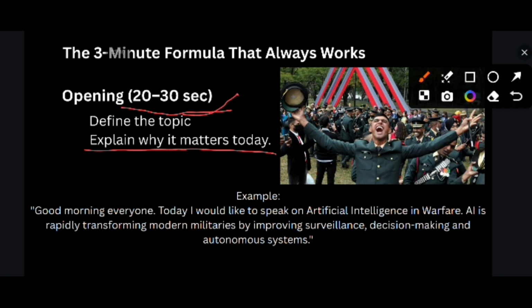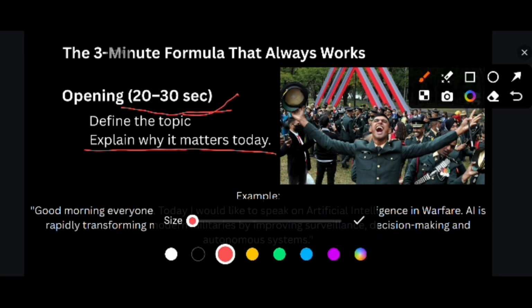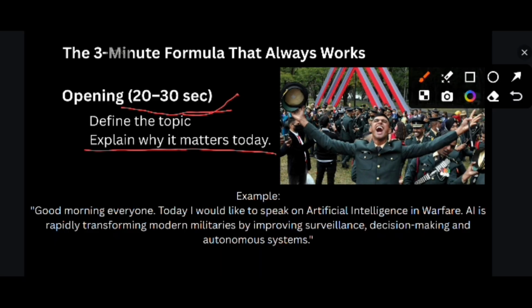I have given you an example about AI intelligence in warfare. You should start your lecture like that. Good morning, everyone.